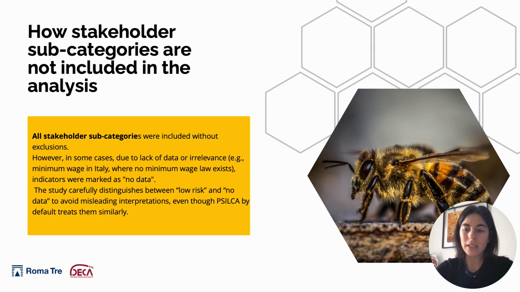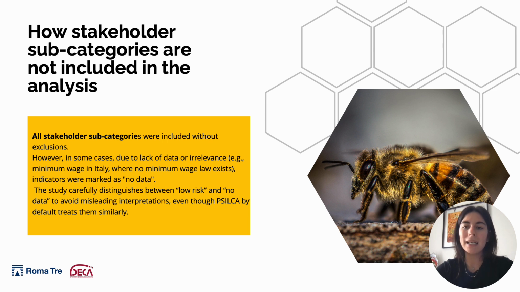While all main stakeholder categories were included in the assessment, the treatment of subcategories deserves attention. The authors did not explicitly exclude any subcategories, but in several cases the analysis was limited by the availability and quality of data. For example, some indicators such as those related to minimum wage were marked as no data, since Italy does not have a statutory minimum wage.